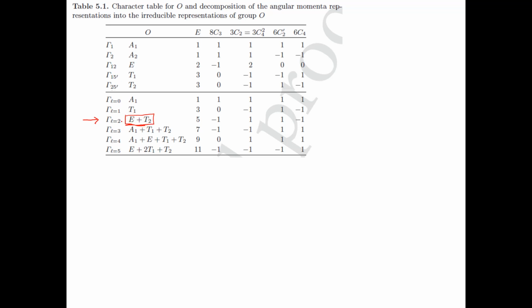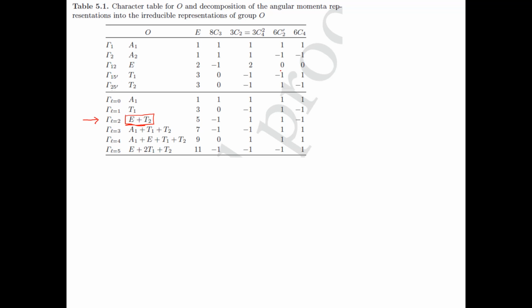It basically says that this gamma 2, let's call it, I think the book uses another notation different from the one it uses in the table.